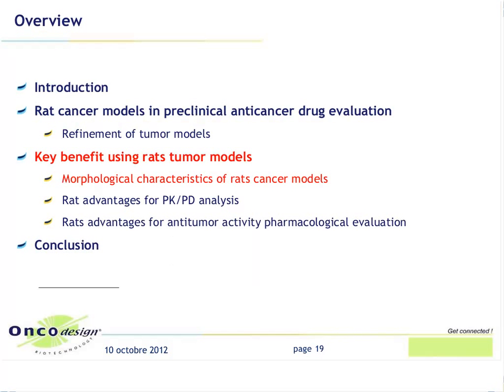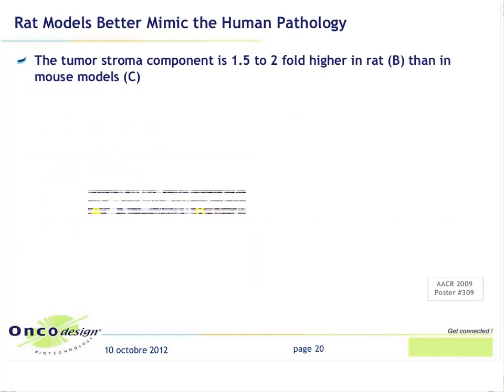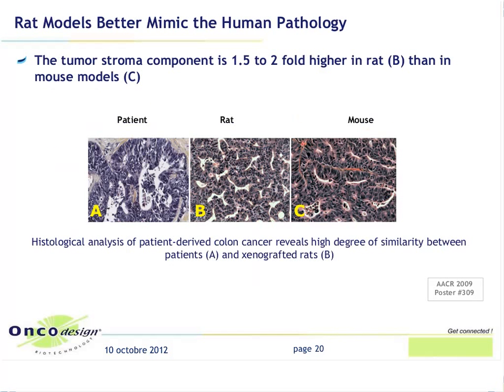I am now going to speak about the benefits of using rats as cancer models. First of all, I will describe morphological characteristics of rat cancer models. Regarding an example of primary tumor architecture, the stroma component is 1.5 to 2-fold higher in rat compared to mouse.